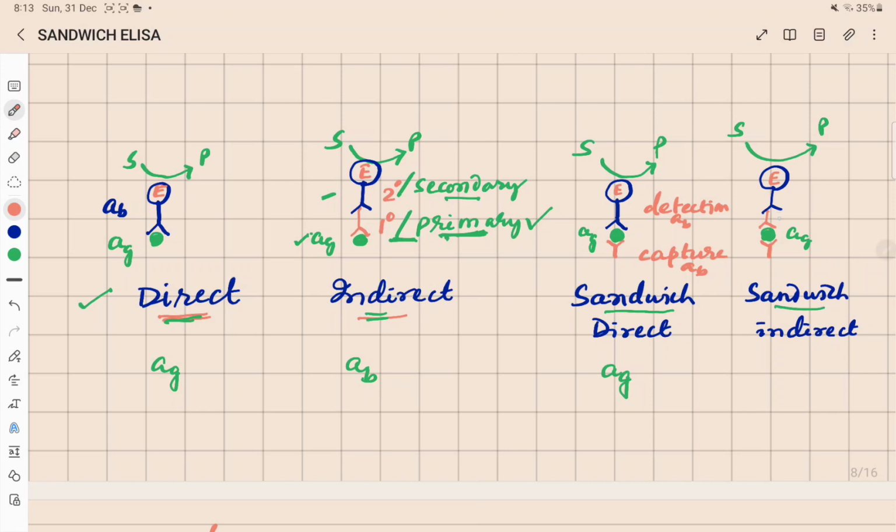Or we can use an unconjugated detection antibody, that is the primary antibody. Then we will add the secondary antibody which is conjugated with the enzyme. Then we will analyze. So sandwich ELISA can be of two types, direct and indirect.